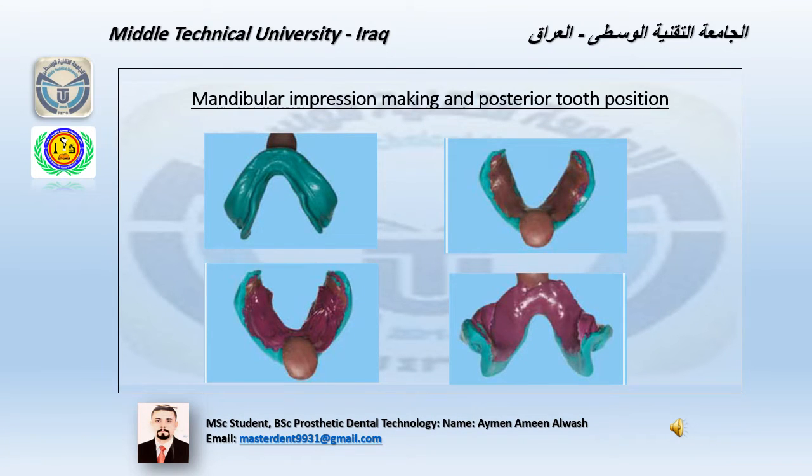Mandibular impression making and posterior tooth position. We all know that the special tray has two surfaces, the inner or tissue surface and the outer surface.